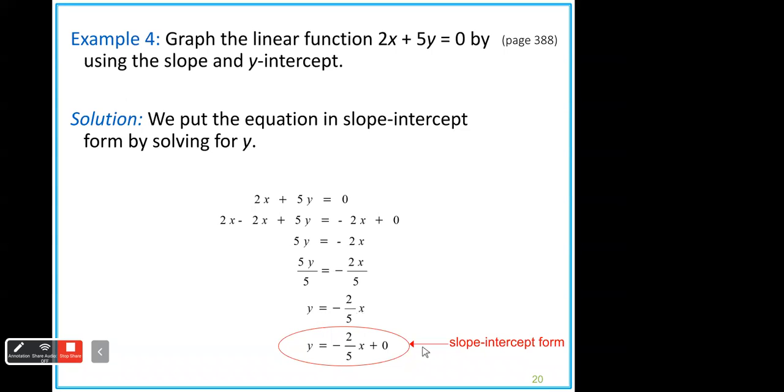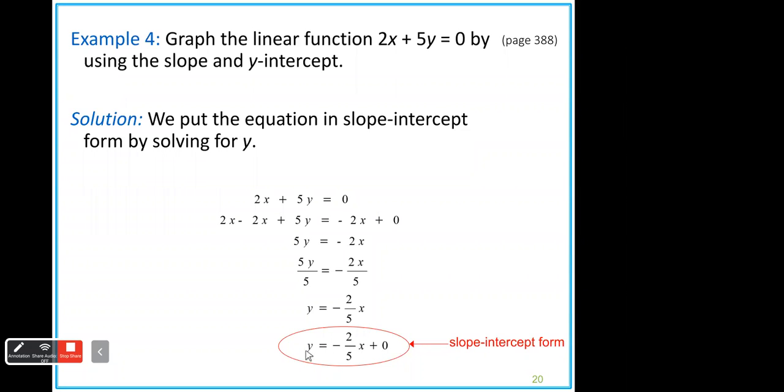But because we want this to be in the slope-intercept form, we need to have this added to some value that we're going to plot on the y-axis, because we need the y-intercept. But because there was no y-intercept here, we're going to end up using 0, and of course adding 0 doesn't change the value of the equation.